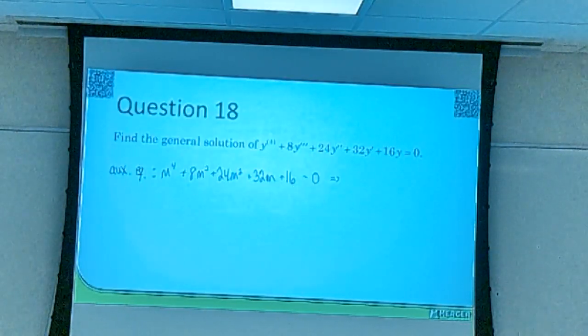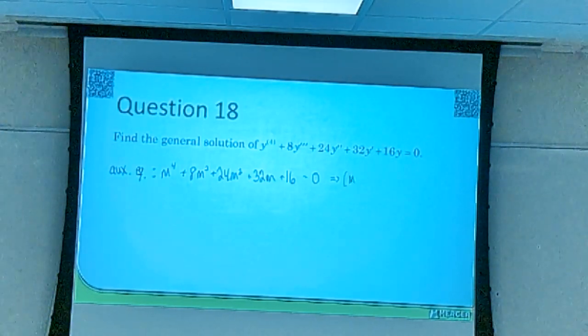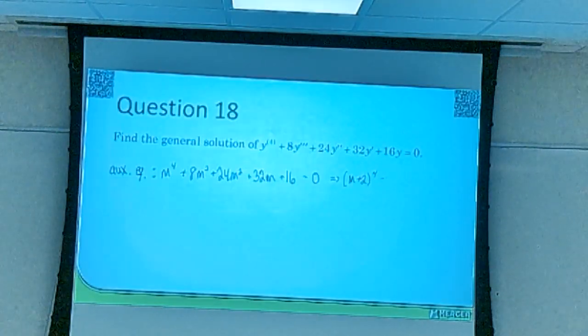If you recognize it, that's m plus 2 to the 4th power.